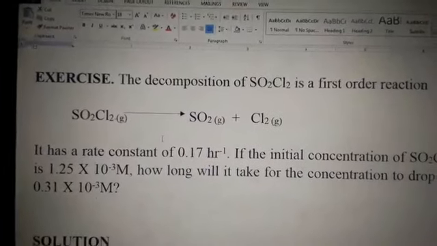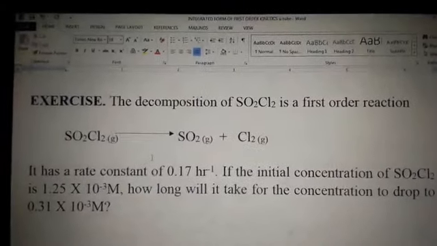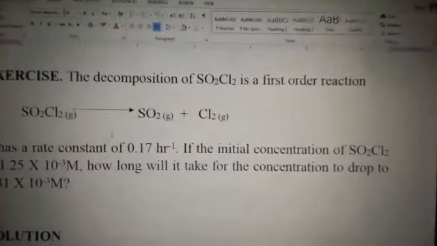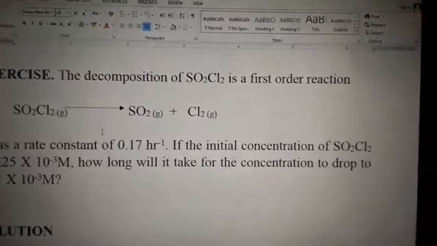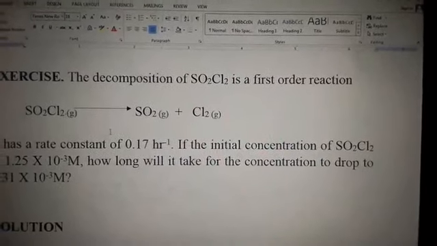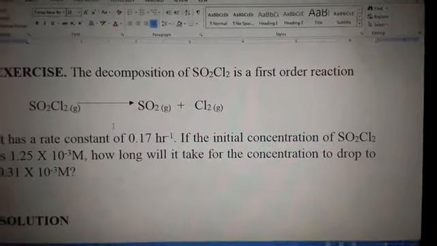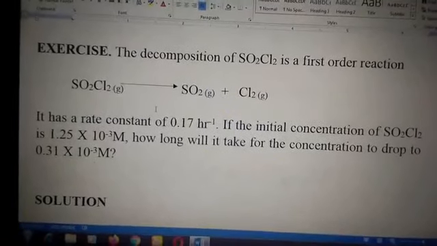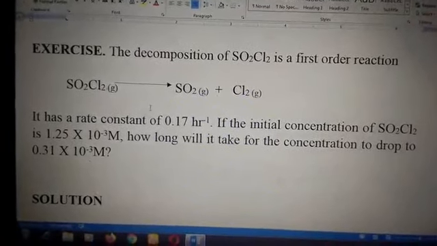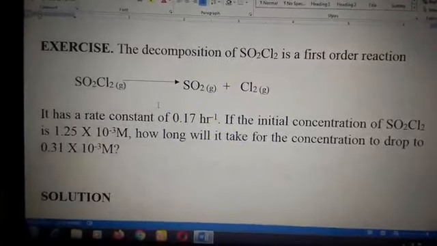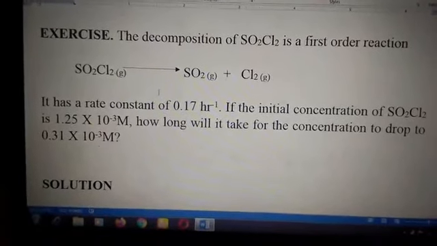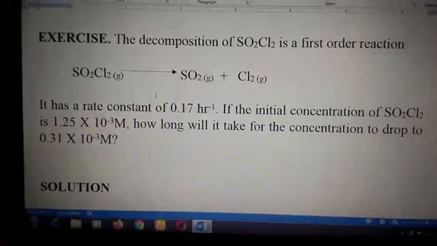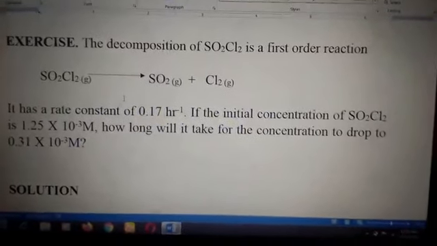We have another example to look at now. Exercise 2 says the decomposition of the compound SO2Cl2 is a first order reaction. Look at the equation showing its decomposition: SO2Cl2 decomposes into sulfur dioxide, SO2, and chlorine. It has a rate constant of 0.17 per hour.